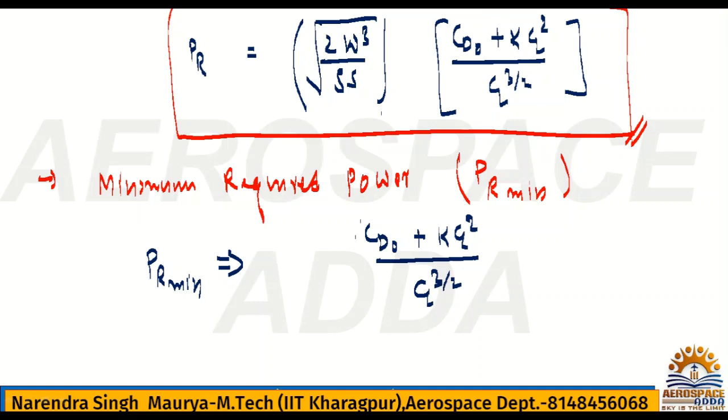You just take the derivative of it with respect to CL, because it is varying with CL only. The rest of the quantities are constant, like CD naught and K, and the only variable is CL. So d by dCL of this bracket should be 0. That will give the minimum power required condition. Now we will perform this.